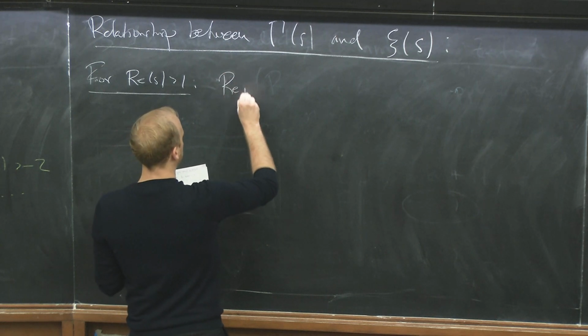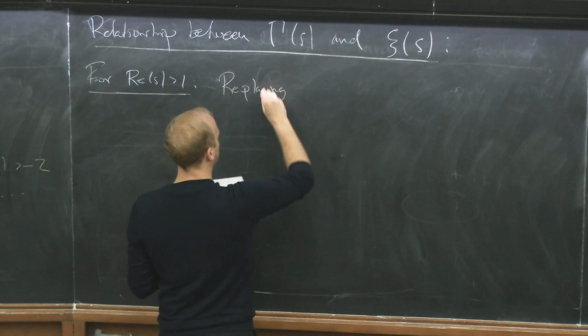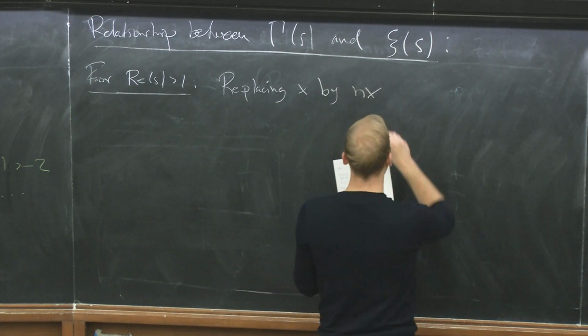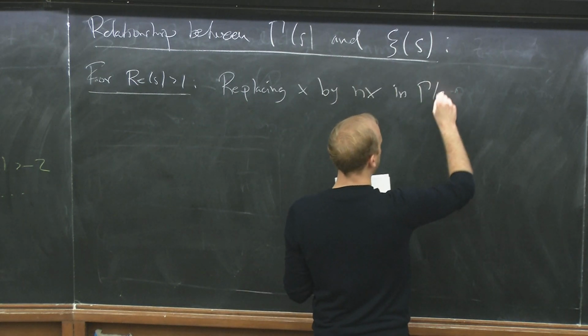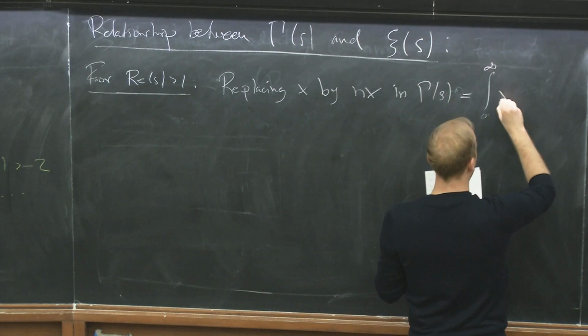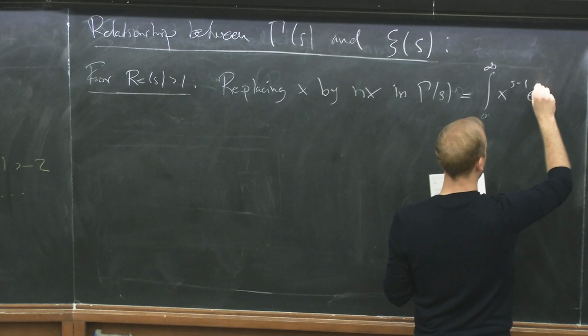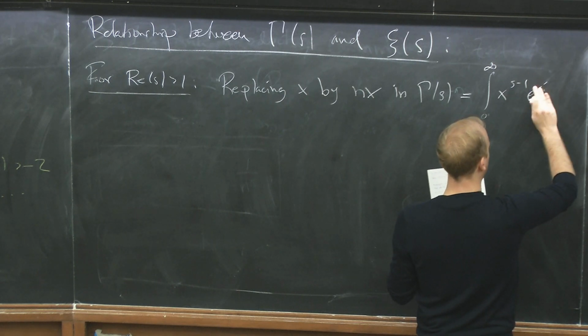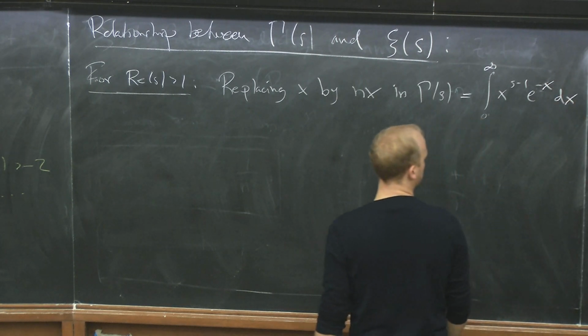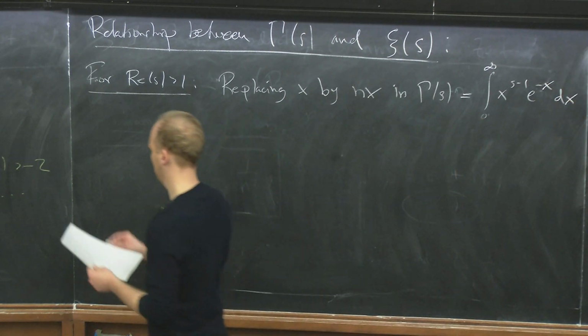So the idea here is replacing x by n times x in the definition of the gamma function, which again, I will write. Now I wrote it like this, without dividing by x here.